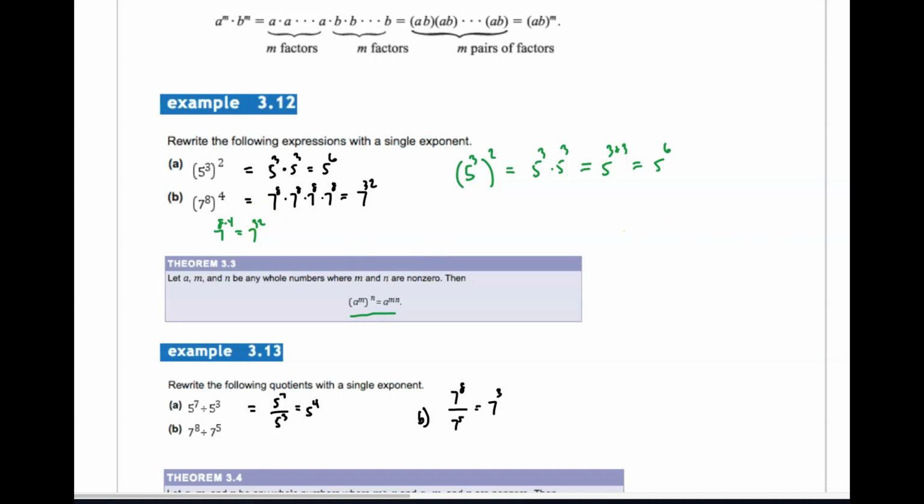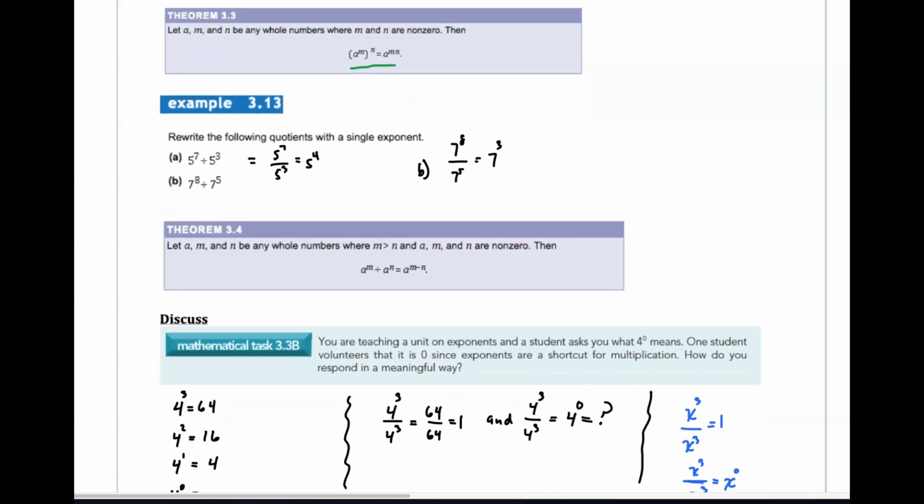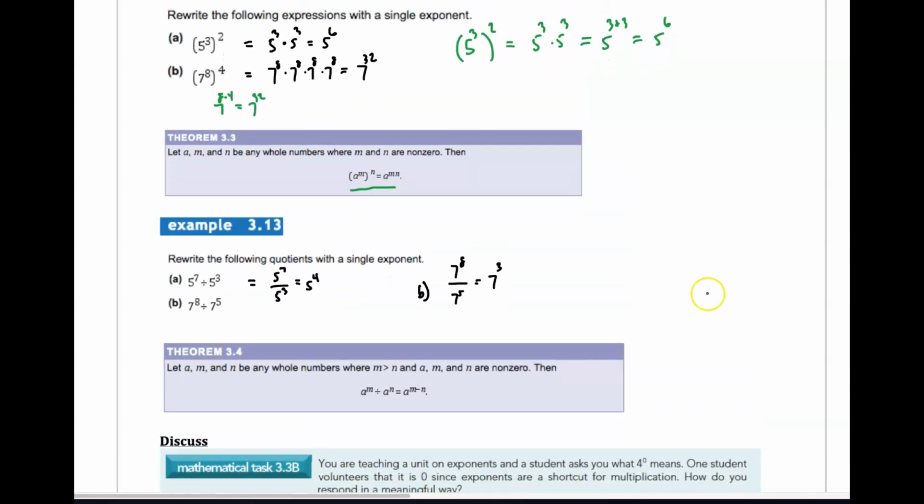Then our last rule has to do with division. The division rule is to subtract the exponents. One reason, if you had 5 to the 7 over 5 to the 3, is that's 5 written 7 times over 5 written 3 times.